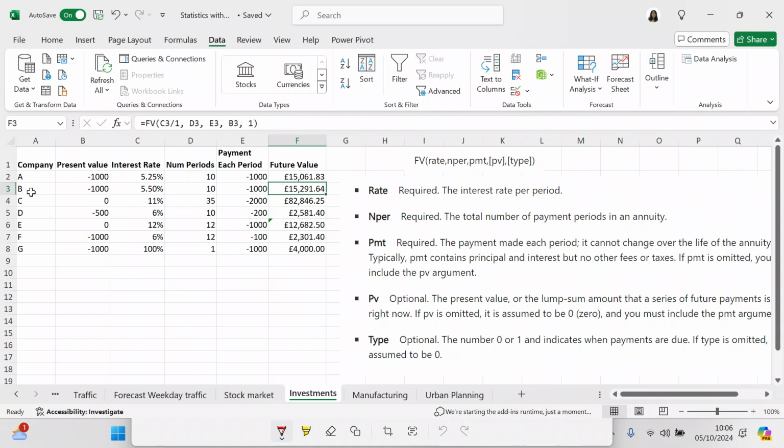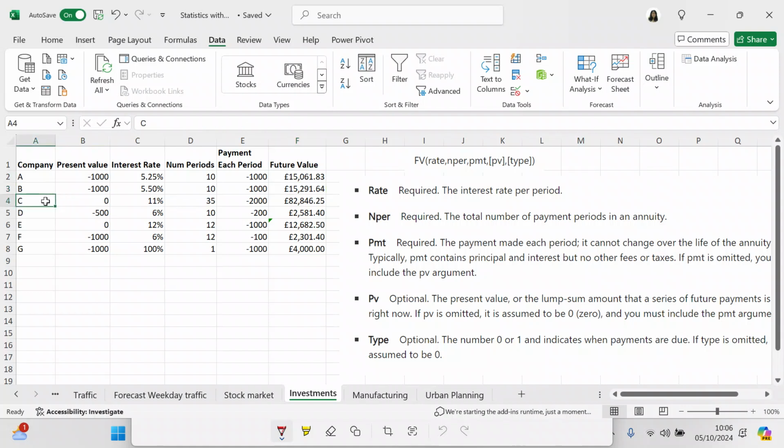And the number of periods is going to be 10. The payment each period is going to be 1,000, and what you start out with is going to be 1,000, and then it's going to be 1. And so at the end of 10 years, you'll have 15,291.